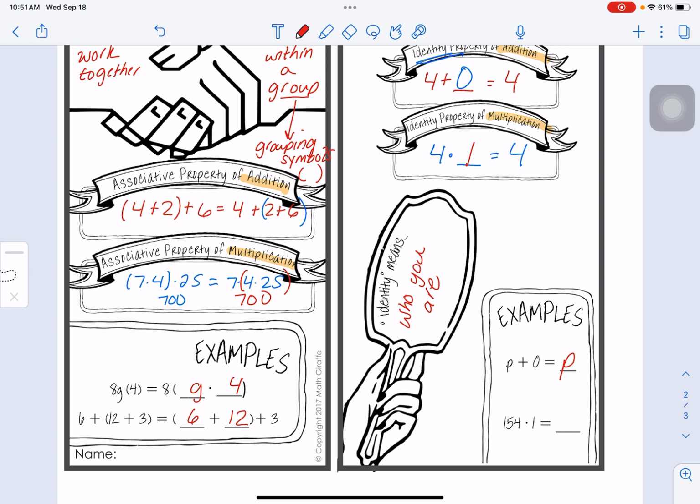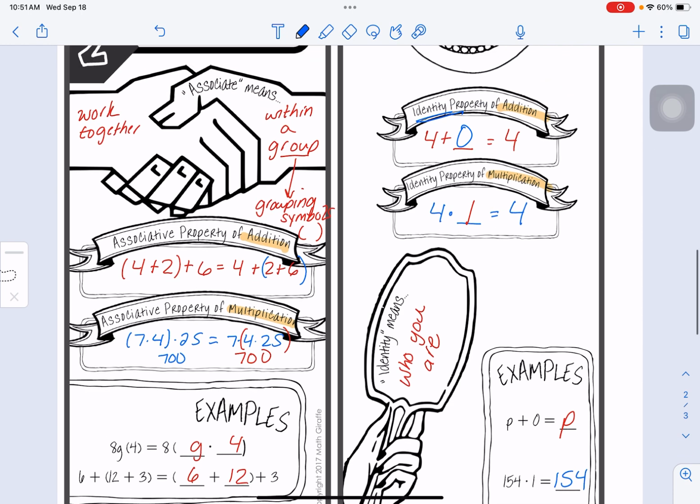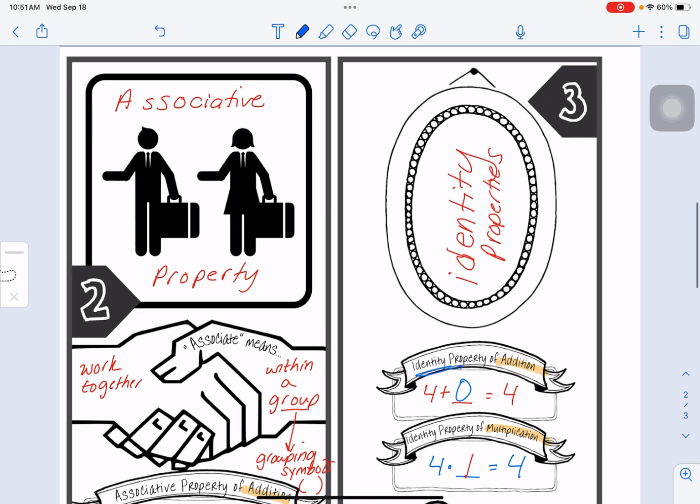Whereas the last example is going to be an example of the identity property of multiplication. Because in this one, we're now multiplying, and we're going to see that we're multiplying by 1, and multiplying by 1 isn't going to change the identity of the number or the variable. Right? Those are the different properties that we're going to explore in 7th grade here.